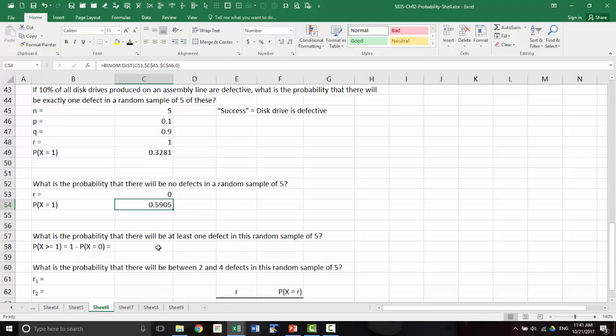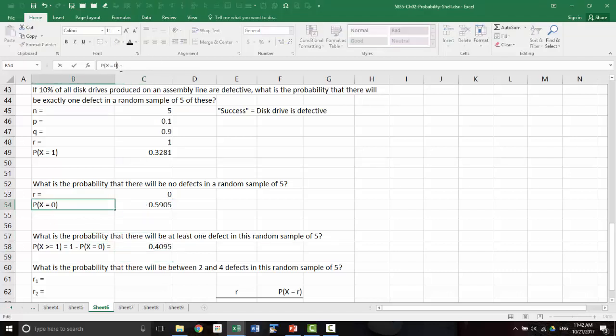Since in a sample space all probabilities must sum to 1, we can always do 1 minus the probability of x equal to 0. So 1 minus the probability of x equal to 0 gives you the probability of at least one defective.